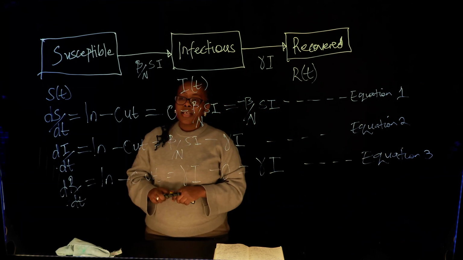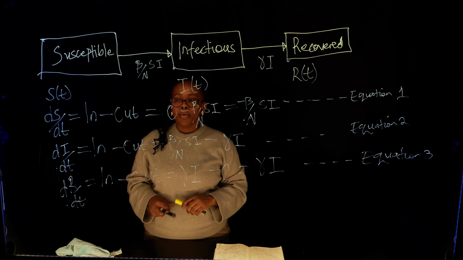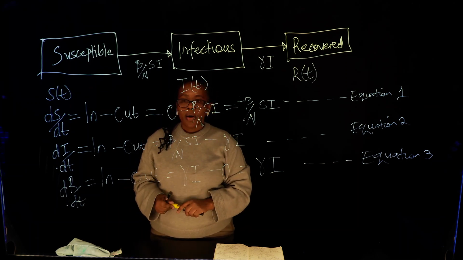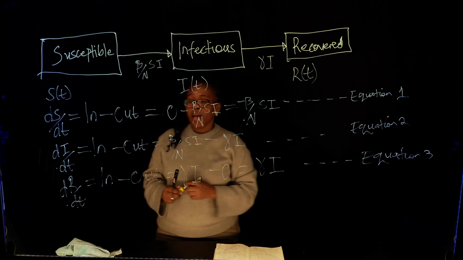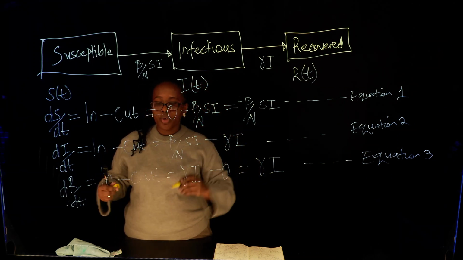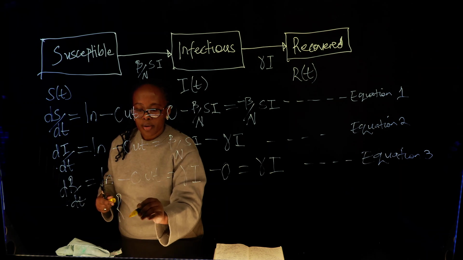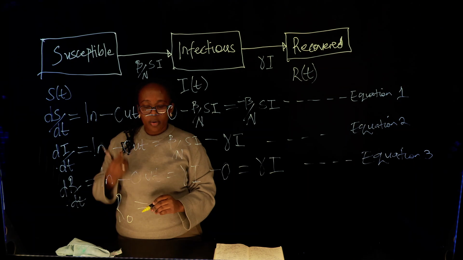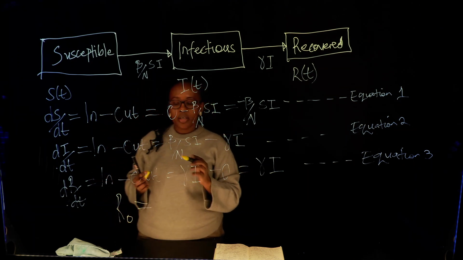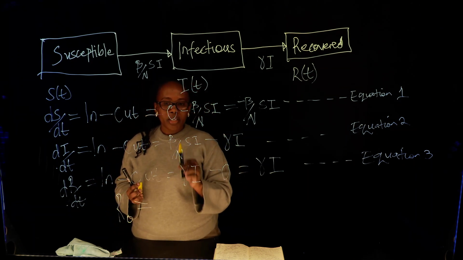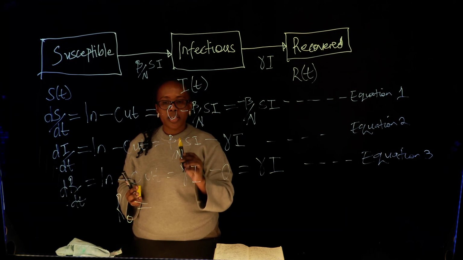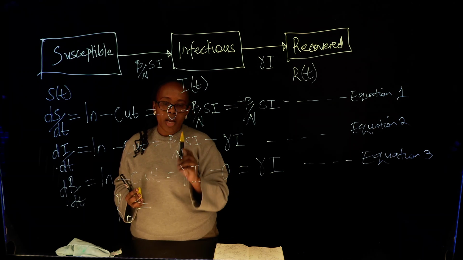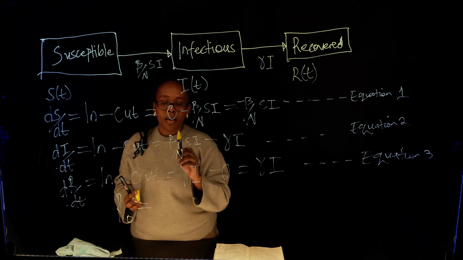This SIR model is very important in studying the dynamics of an outbreak, because with it you are able to study what we call the R0, or R-naught. R0 shows us how many secondary infections are going to come from one infected person.